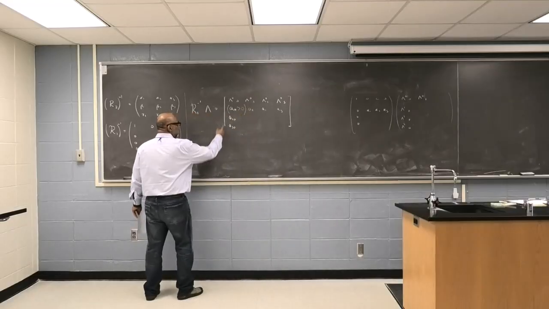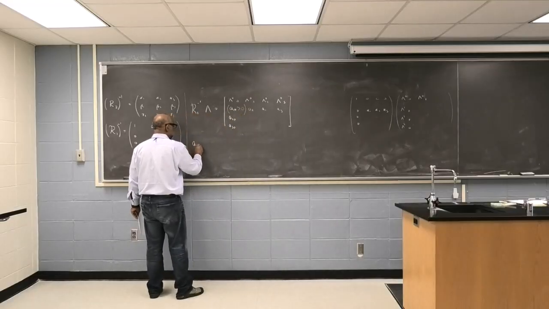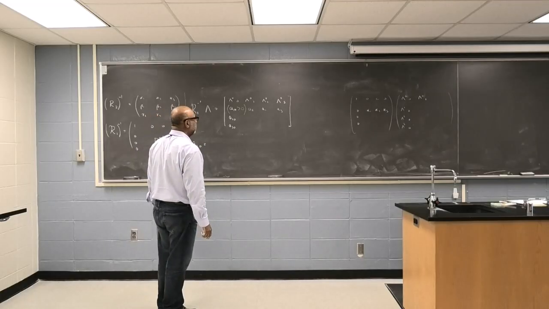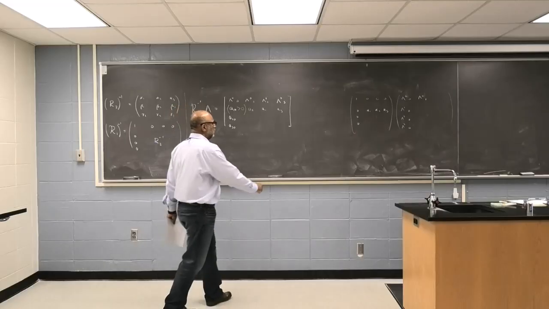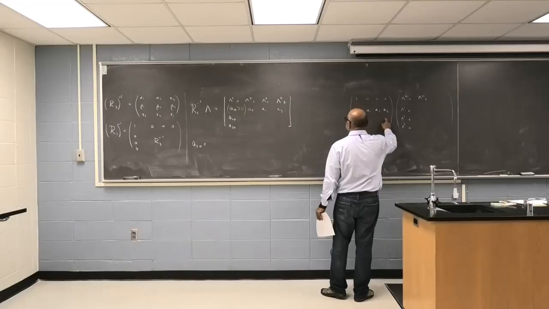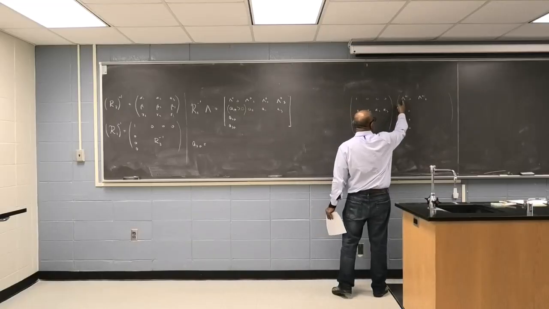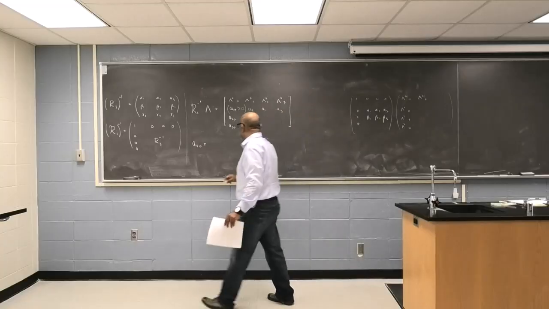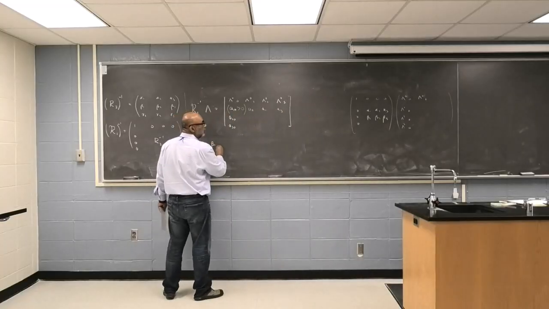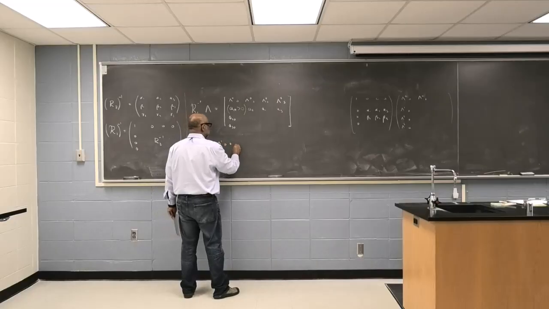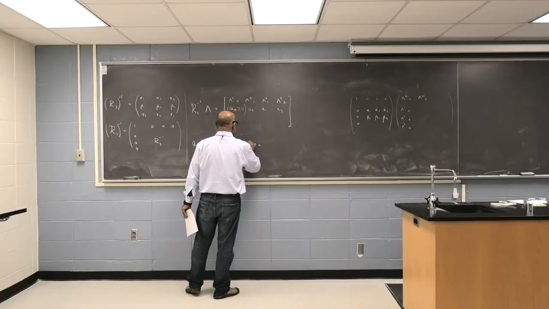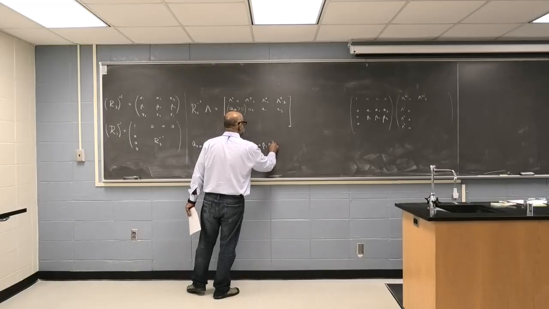Okay. Now let's look at the second entry, A20. Because these guys are special, I made it a point to write it down. How do you do that, guys? I take the third row and I multiply it with this guy. So this is beta 1, beta 2, beta 3. And so I would get beta 1, lambda 1, 0, plus beta 2, lambda 2, 0, plus beta 3, lambda 3, 0.